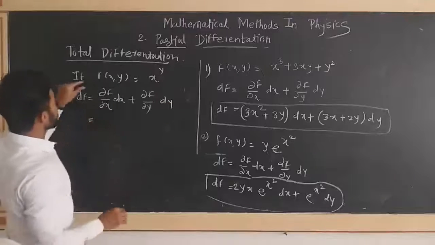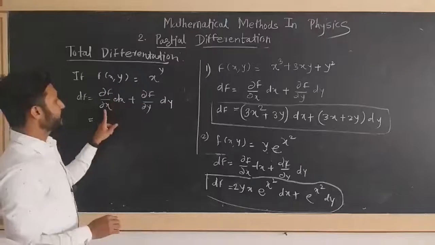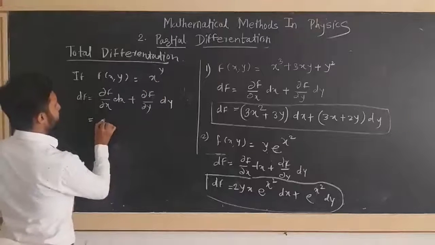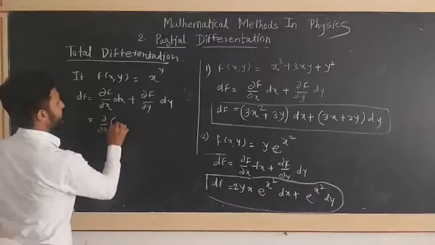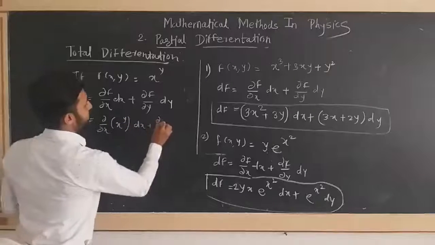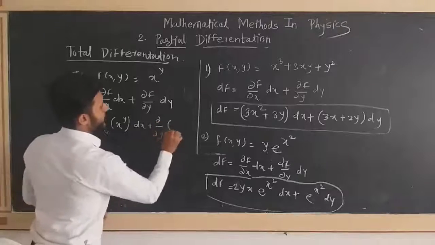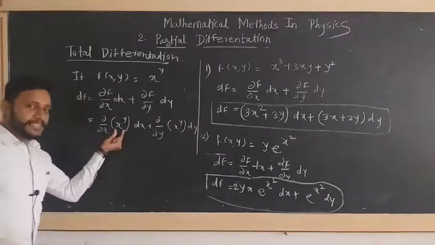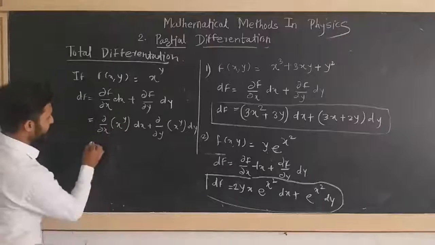Okay. So differentiate this function with respect to x by keeping y constant. So therefore ∂/∂x of x^y dx plus ∂/∂y of x^y dy. Let's differentiate x^y with respect to x.